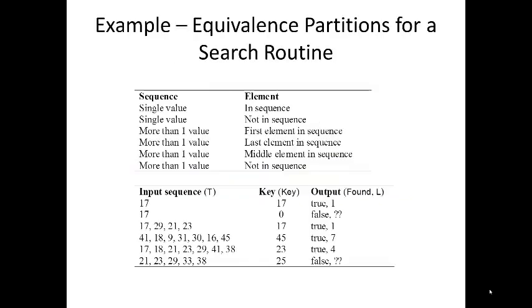And so here you can see what a set of test cases for doing binary search would look like. You have a sequence with a single value and the element is in the sequence, a single value not in the sequence, more than one value with first element, last element, middle element, and not in the sequence. And then you can generate a set of test data that you could run this on. That one's taken from Somerville.